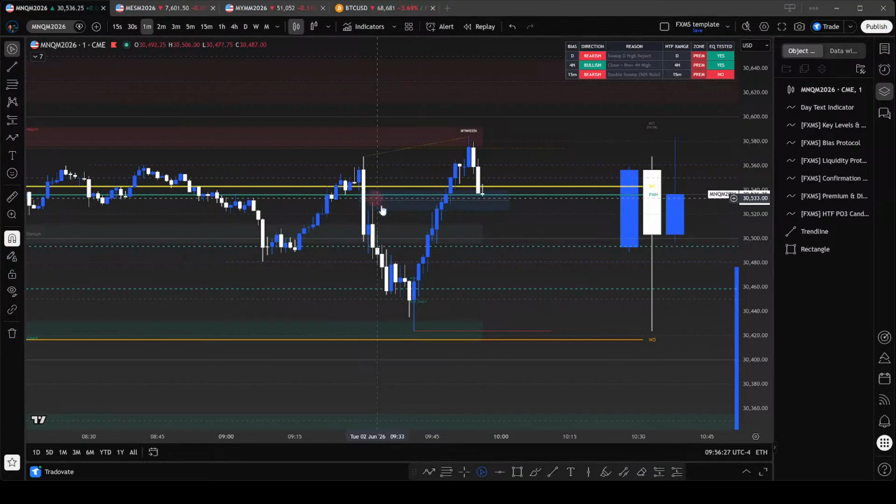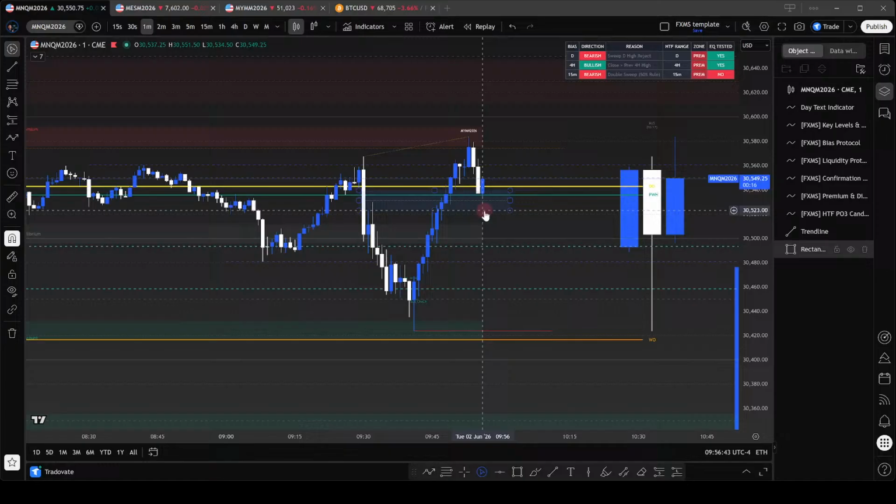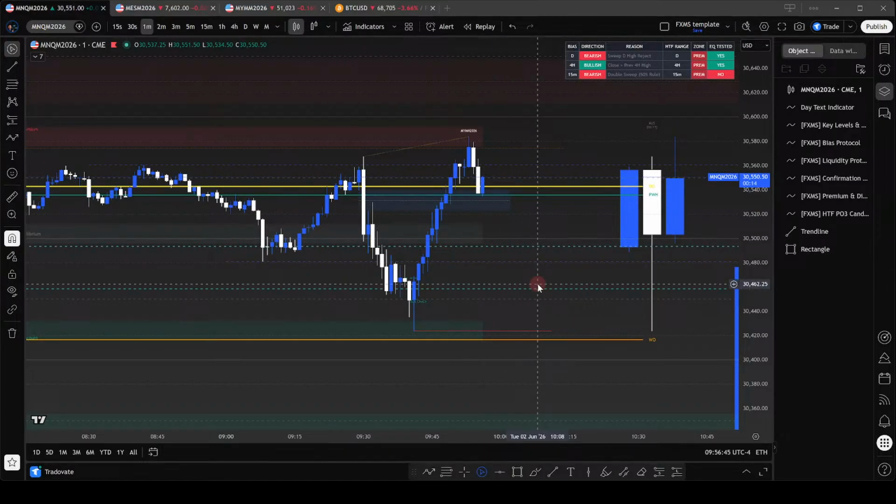If the imbalance here was inverted to the upside, we should see price bounce from here back up. The open price as well, right? Previous week high. This is a very sensitive level, obviously. So if we get a run through here, there's a good chance we get a further move down, and maybe we get this move here.